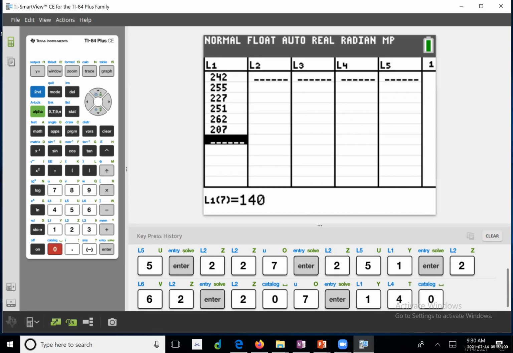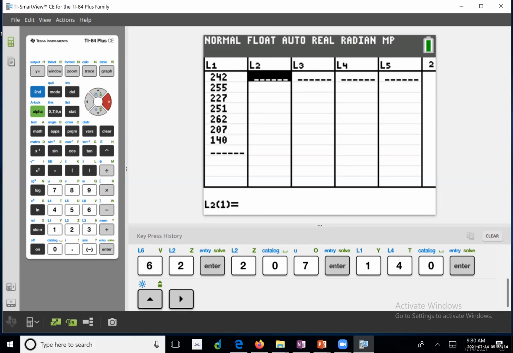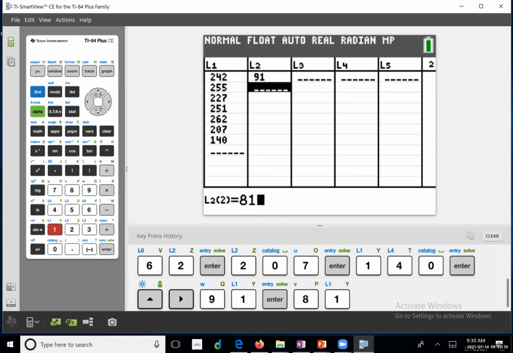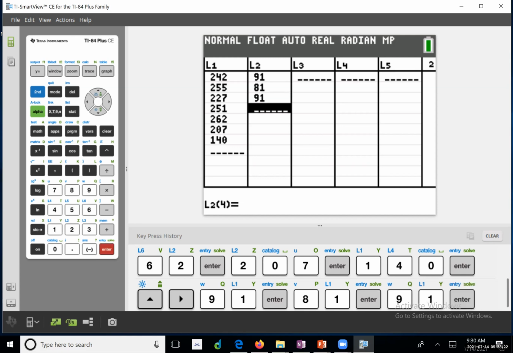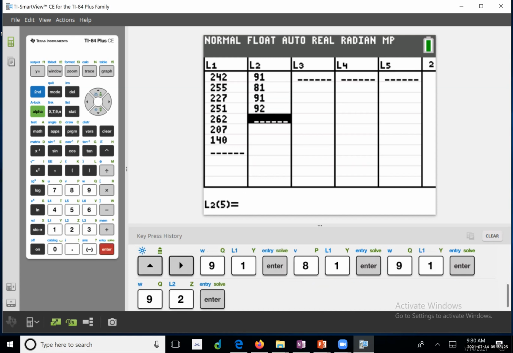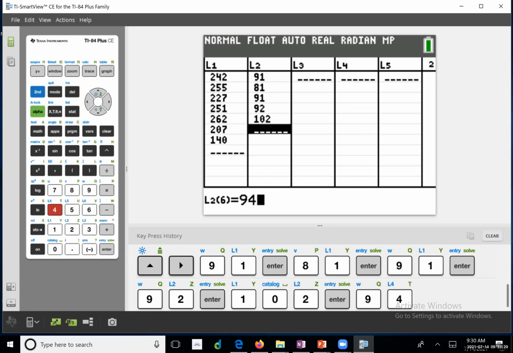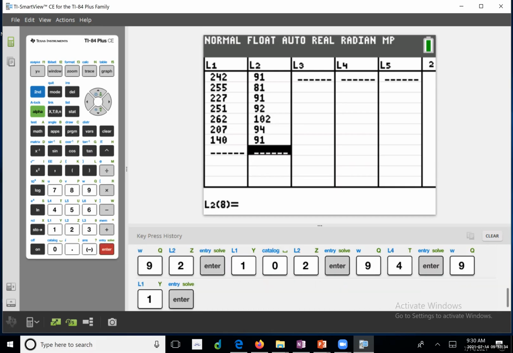And then L2 is 91, 81, 91, 92, 102, 94, and 91. Okay, thank you. So now you have the data in L1 and L2.